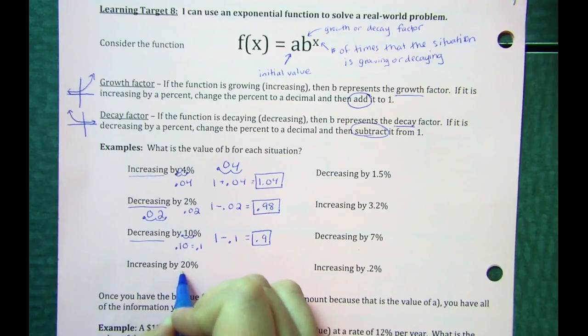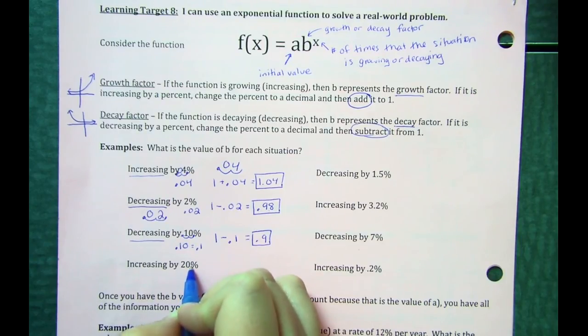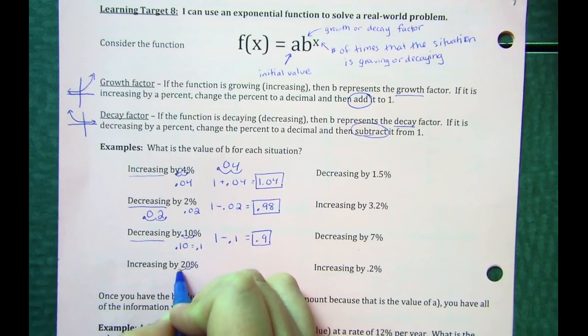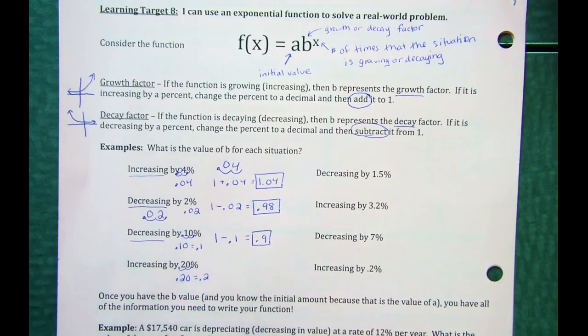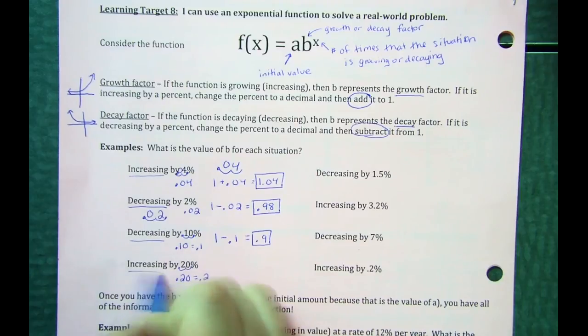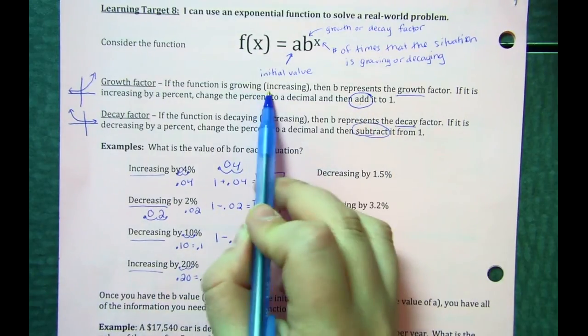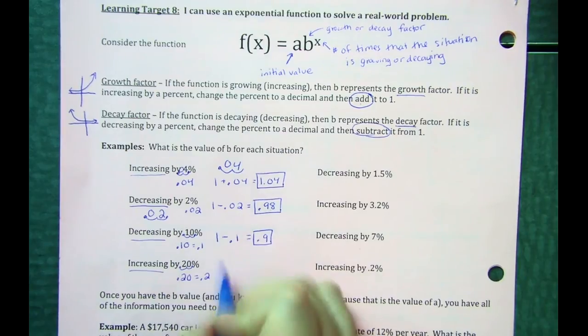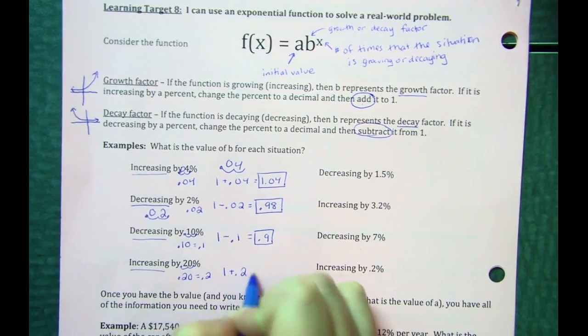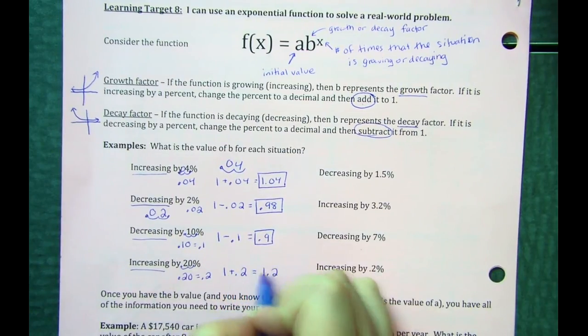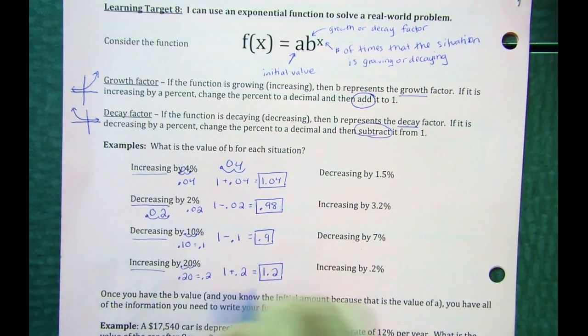Now, this one is increasing again. I still need to change the percent to a decimal. So I take this 20%, that's where my decimal currently is, and to change the percent to a decimal, you move the decimal 2 spots to the left. So it's 0.20, which is really just 0.2. Because it's increasing, I'm going to add it to 1. So 1 plus 0.2 equals 1.2. In this situation, this would be my b value, 1.2.